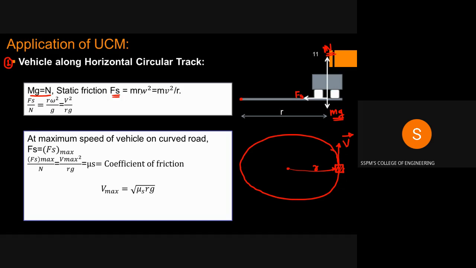So fs is equal to mr omega square, which is equal to mv square upon r. If you take the ratio fs upon N, that is static friction upon the normal reaction, it is equal to r omega square upon g, and it is equal to v square upon rg.